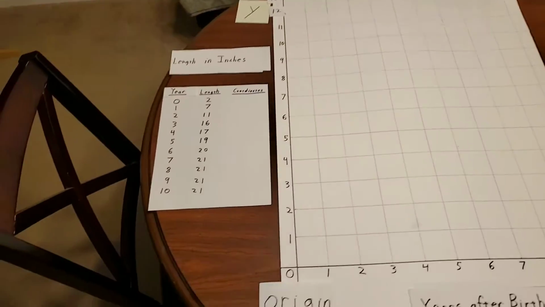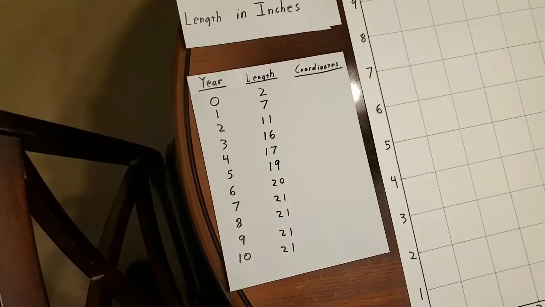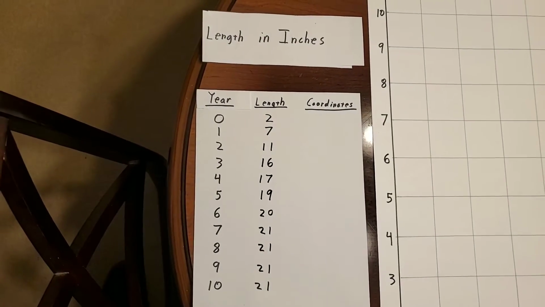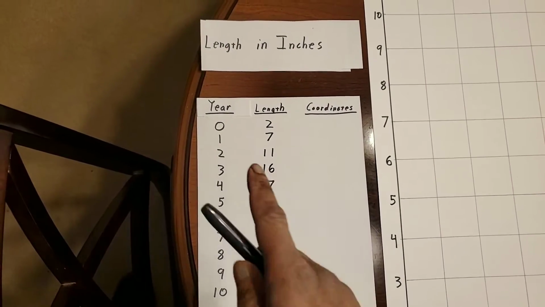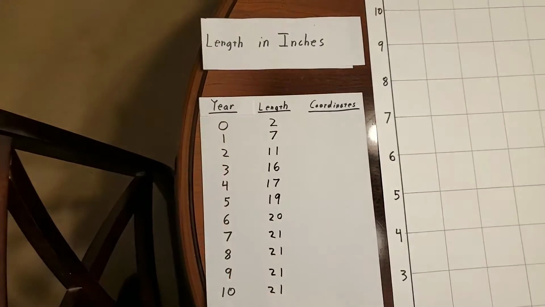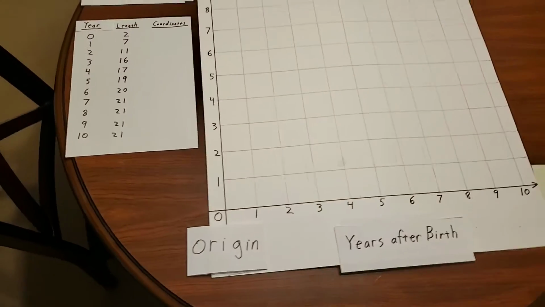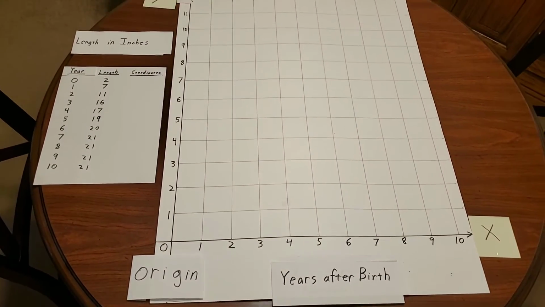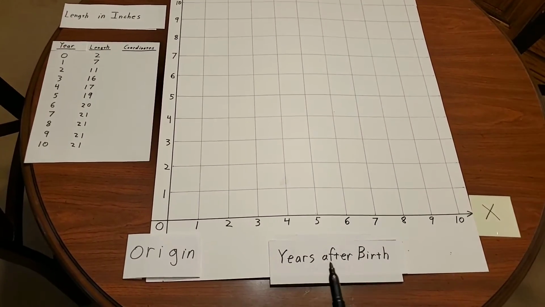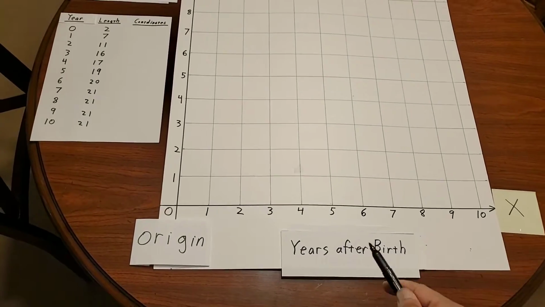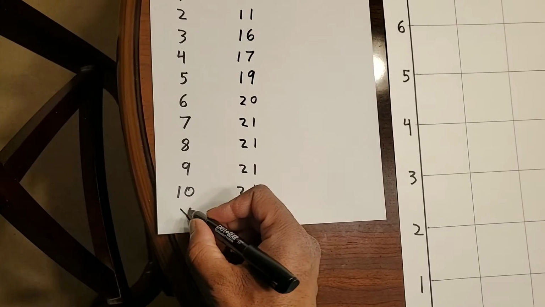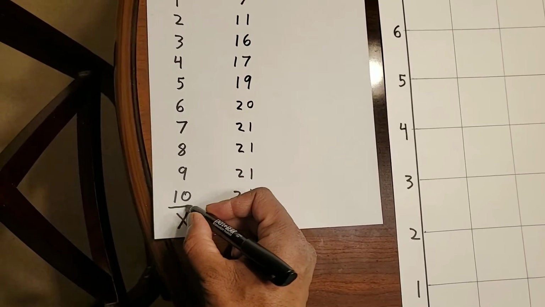So here's what we're going to do. First thing we're going to do is turn the year and the length into coordinates. How are we going to do that? Between the x-axis and the y-axis, which one represents the years? Since the x-axis represents the years, this is going to be our x.